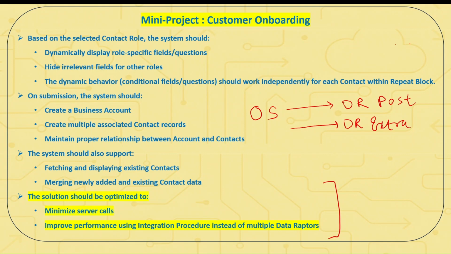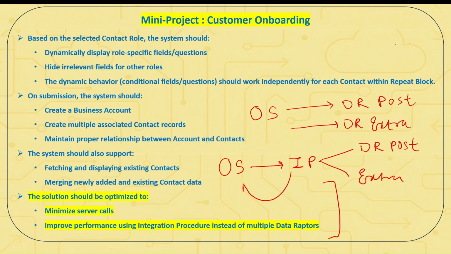So instead of this, OmniScript will call an integration procedure and pass all required inputs. This IP will call DR post, and once records are created, it will call extract, and once the IP gets all the required data, it will return it to the OmniScript. So functionality wise it remains the same, but from the best practice point of view, we are introducing an integration procedure in between OmniScripts and DataRaptors.